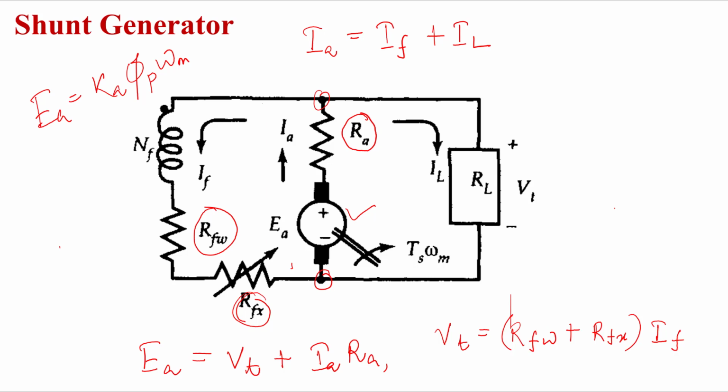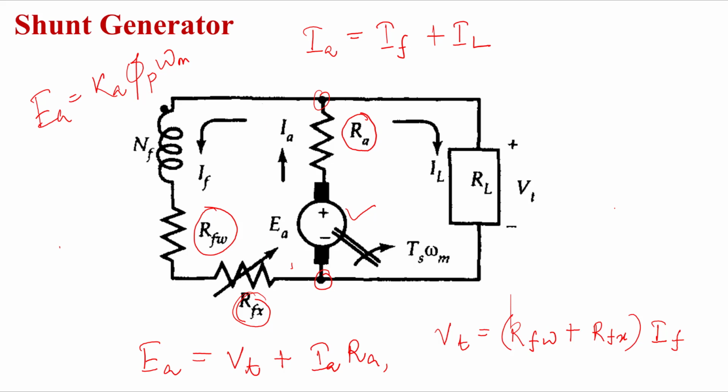Therefore, when we connect a machine in shunt fashion, before that we must energize the field winding for around 1 or 2 hours, so that some residual flux is in the field core. That residual flux will help us in developing the voltage.